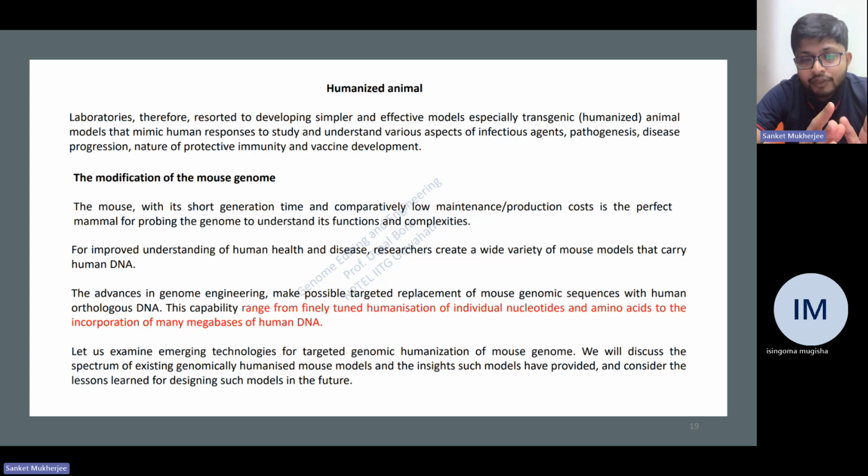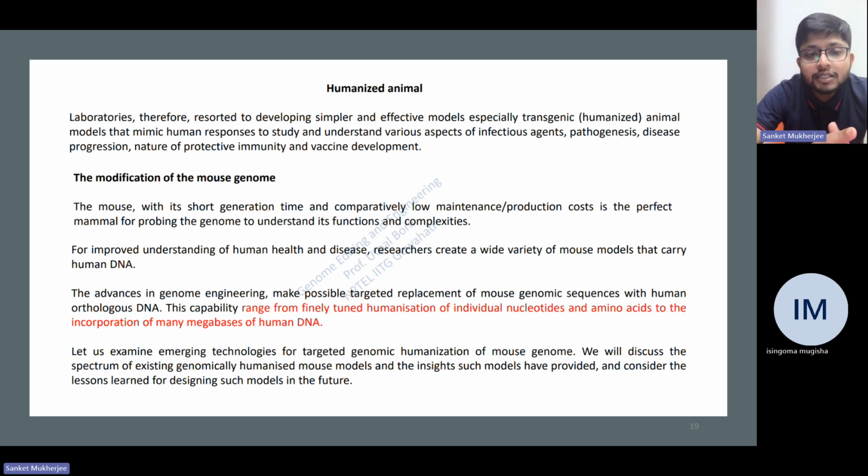With respect to the mouse genome, what were the modifications that were made? The mouse with its short generation time and comparatively low maintenance and production cost is the perfect mammal for probing the genome to understand its functions and complexities.